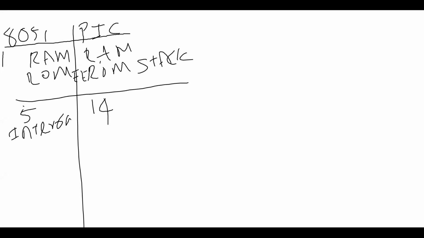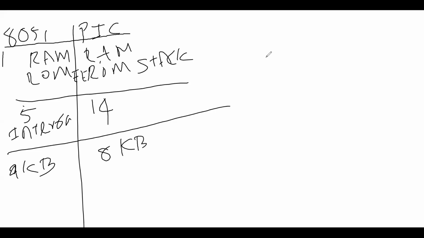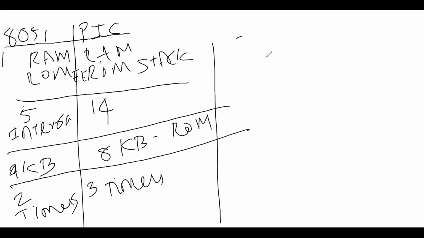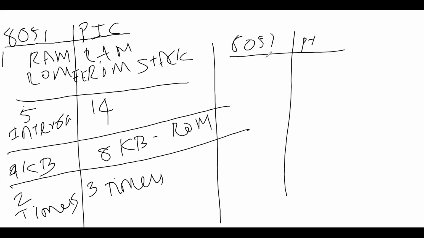In 8051 the on-chip memory is 4 KB, in PIC it is 8 KB ROM. 8051 has 2 timers, PIC has 3 timers. The PIC microcontroller has a RISC-based instruction set. Very good. Super difference. Who is saying, ma? Aruna Devi, ma'am.